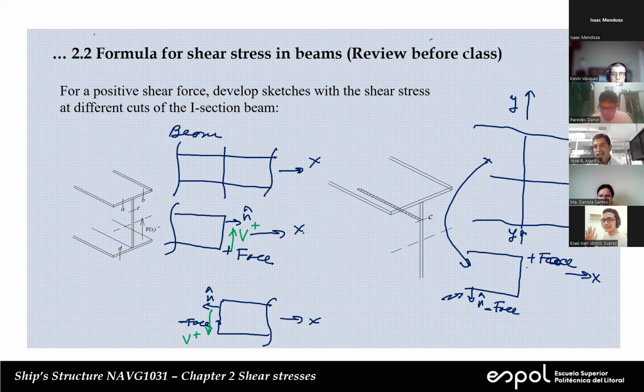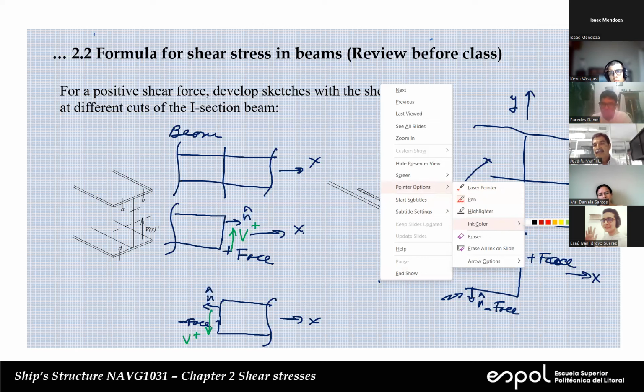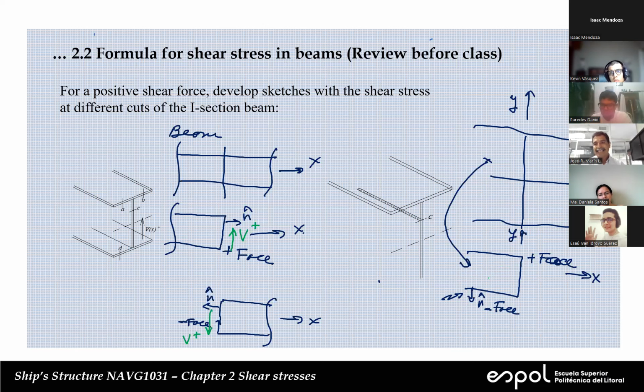Now, on this side, let me change color. Now I'm going to apply it not to shear force, but to stresses. If I have a normal stress which points to the right, we're going to call it positive.